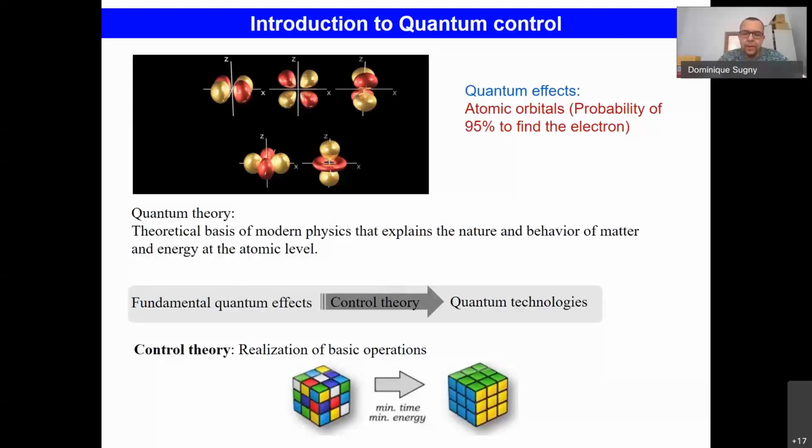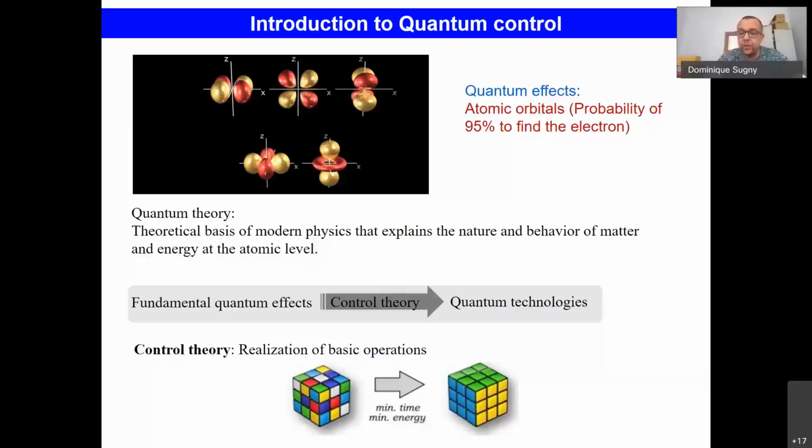And one current idea is to try to use such understanding of fundamental quantum effects to create and develop some new technologies, based on quantum effects, that we call quantum technologies.